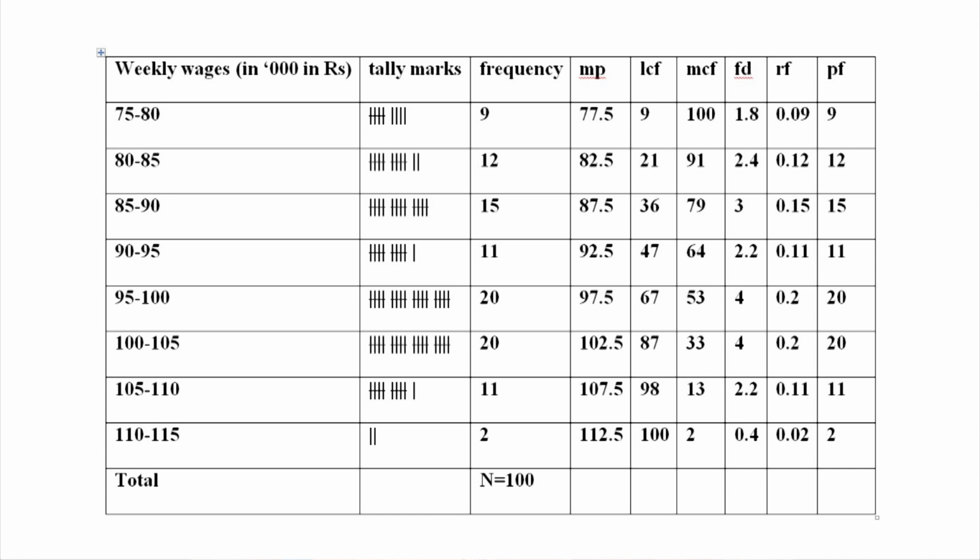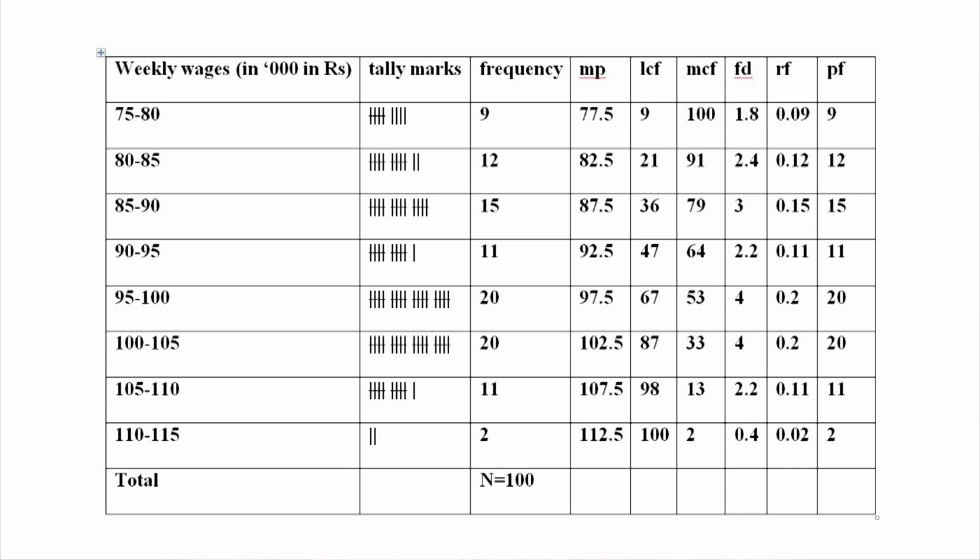Hence, for this data, the frequencies of the class 75 to 80 is 9, 80 to 85 is 12, 85 to 90 is 15, 90 to 95 is 11, 95 to 100 is 20, 100 to 105 is 20, 105 to 110 is 11 and 110 to 115 is 2. Adding all the frequency value, the total is 100, which is denoted by capital N.